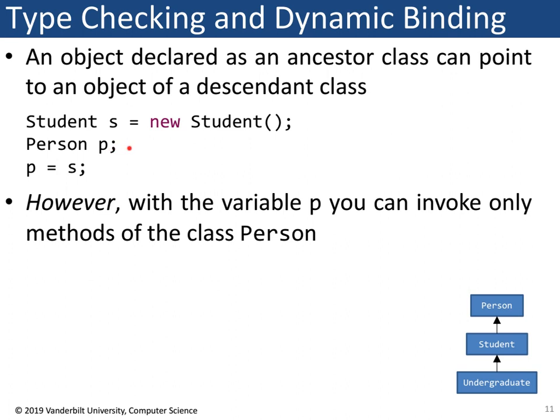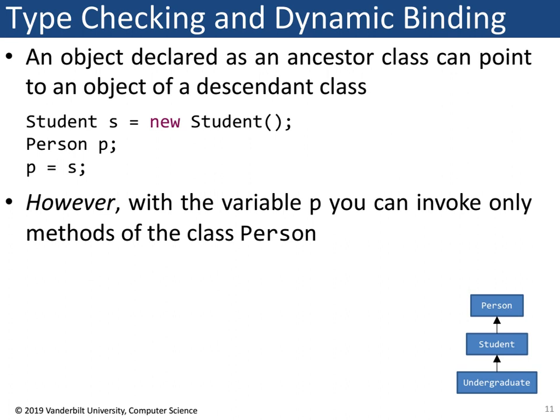And we will leave P uninitialized. Then we assign P the reference which is stored in S. So now the reference variable which is intended to point to a person object holds a reference to a student object. And that's okay. That works. We can pass a student reference into a person reference because a student is a person.